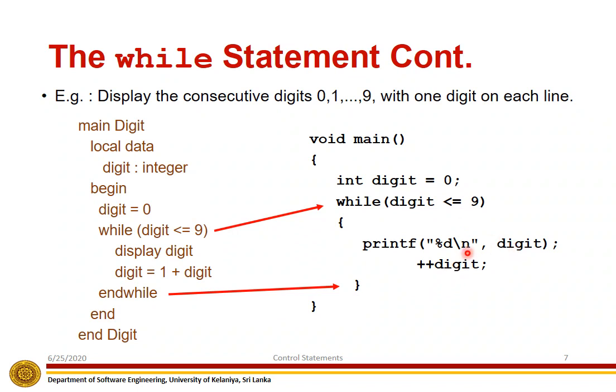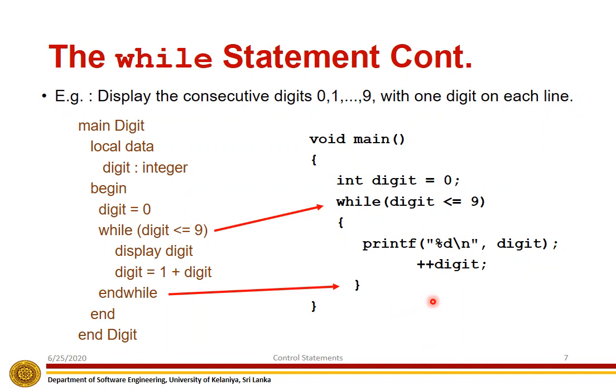Then 1 will be printed and add 1 to the digit variable, 1 plus 1 is 2. Then again check the condition, and this will continue until 9. When digit is 9, it prints the 9, and 9 plus 1 is 10. So 10, again check the condition, 10 is greater than 9, so it will terminate and go to the rest of the code.